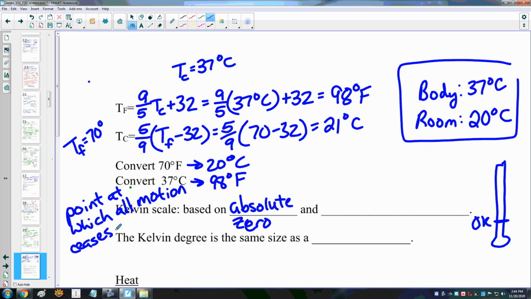Because when you have a material that's made up of atoms, those atoms are always oscillating, vibrating around. But when you reach absolute zero, all motion ceases, even the motion of those atoms.